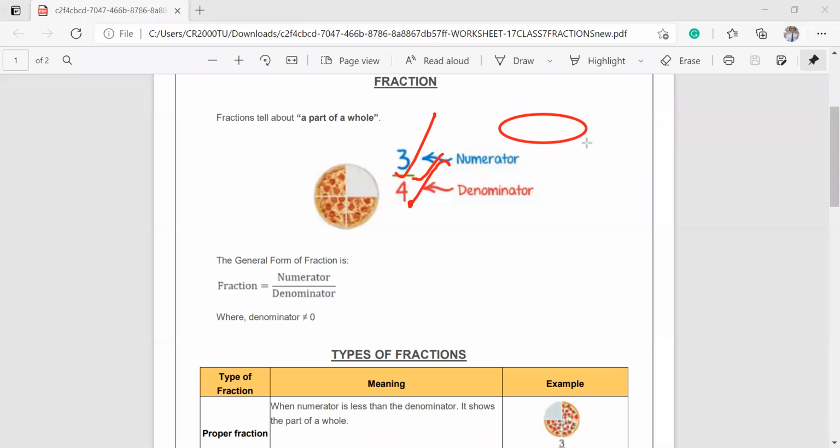For example, I have a birthday cake. Let me draw a birthday cake now. Let me draw the edges and sides of it. This is the birthday cake, and it's very simple. So I cut it.